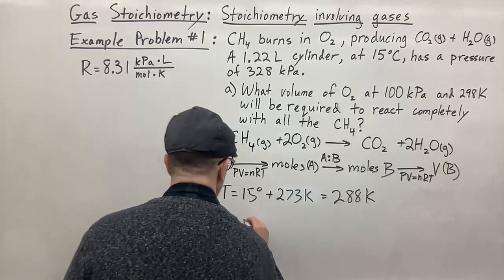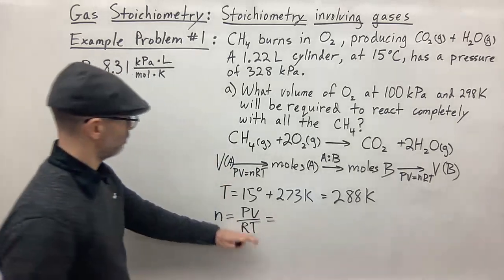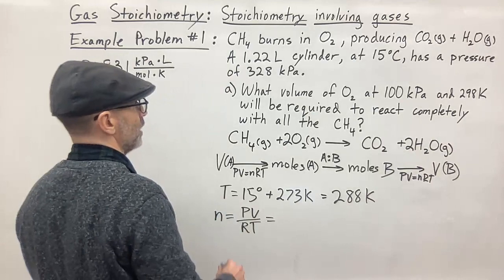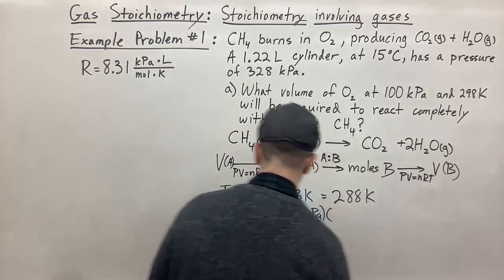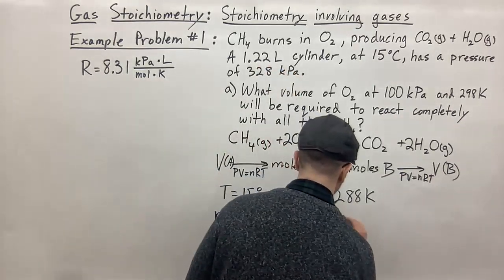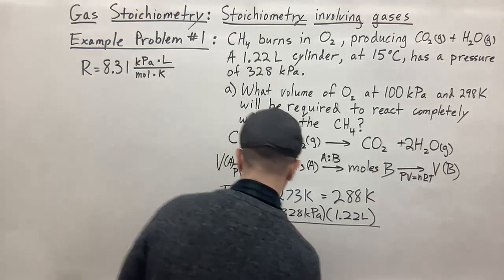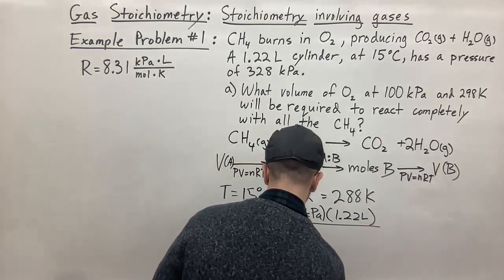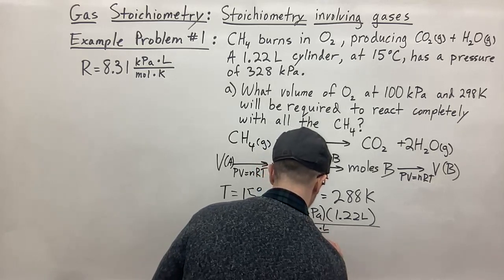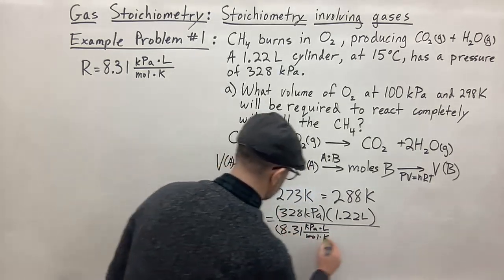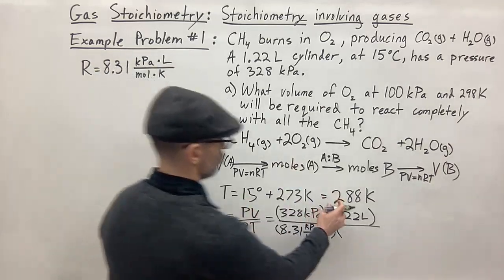The number of moles is equal to PV over RT, and if you plug in everything, we've got the pressure, 328 kilopascals, multiplied by the volume, which is 1.22 liters, divided by R, which is 8.31, and again that's kilopascals liters over mole Kelvin, multiplied by the temperature, which is 288 Kelvin.